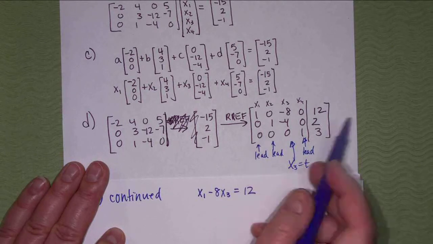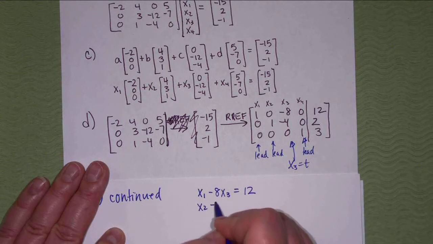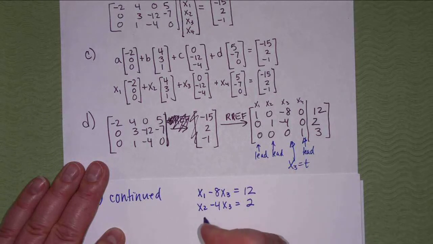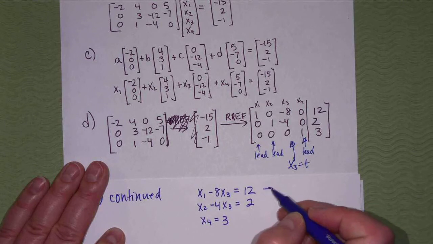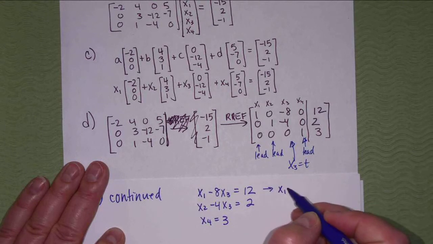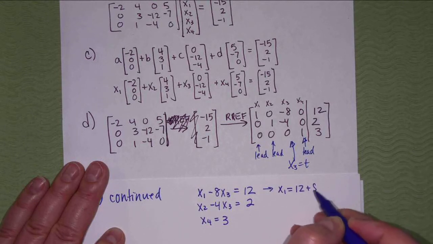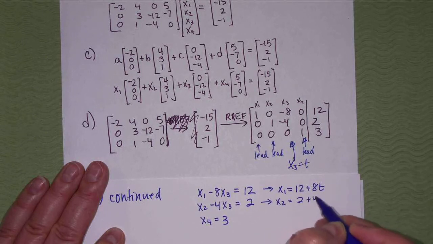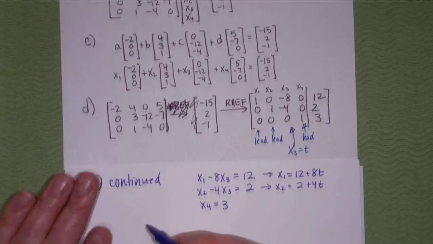The second row gives me X2 minus 4X3 equals 2. X4 equals 3. So put your T in. Two plus 4T.